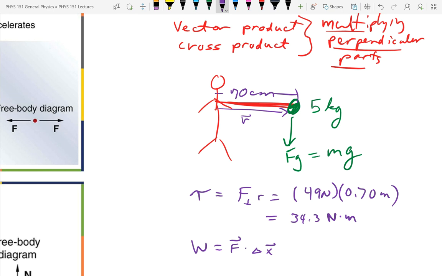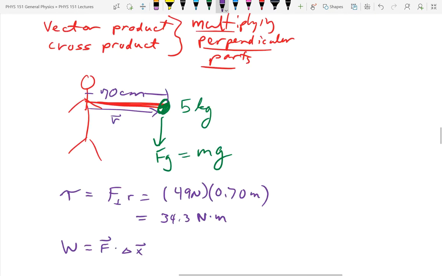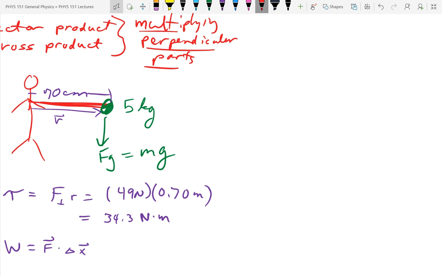Now, going back to one last thing before we move on, if instead of holding it horizontally, of course, I don't need this arm. My arm is going to be, if my arm is something like this, at an angle of 45 degrees, I have the same length of my arm, but now R is going this direction.